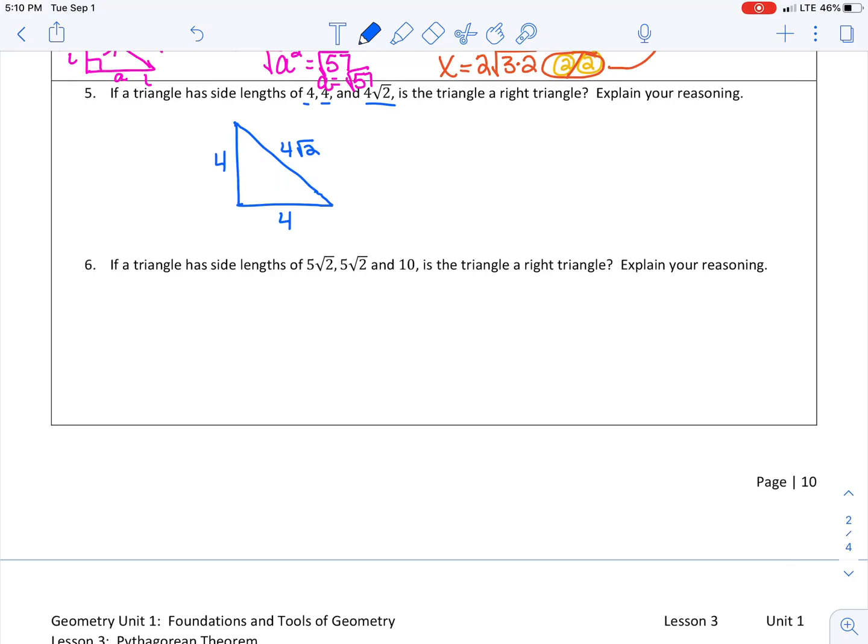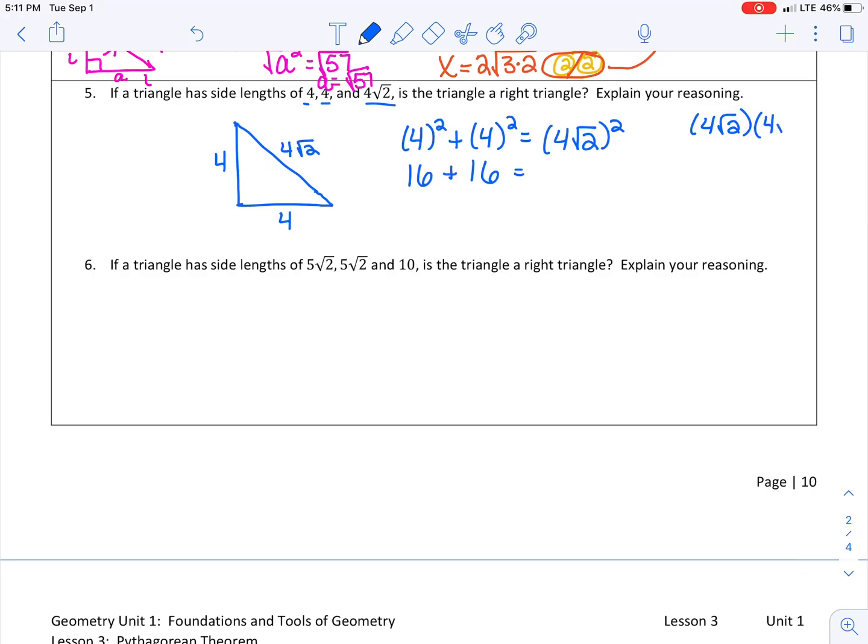So we want to go ahead and put this into our Pythagorean theorem. We're going to say 4 squared plus 4 squared is equal to 4 root 2 squared. And we need to figure out if this is true. So 4 squared is 16. And then we have that 4 root 2 squared.